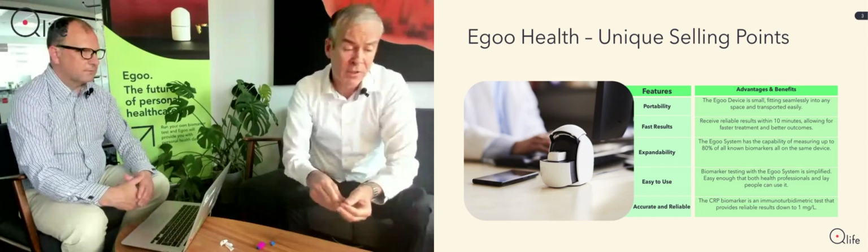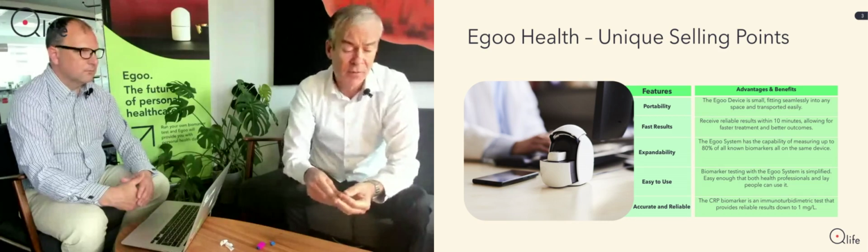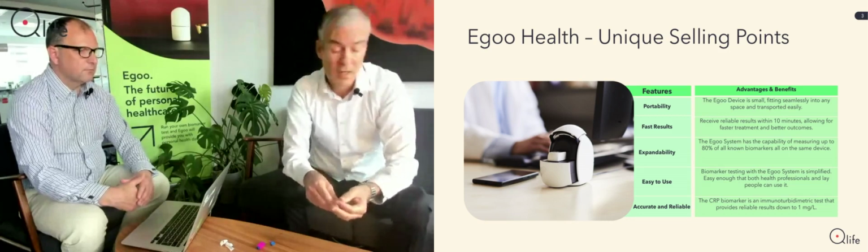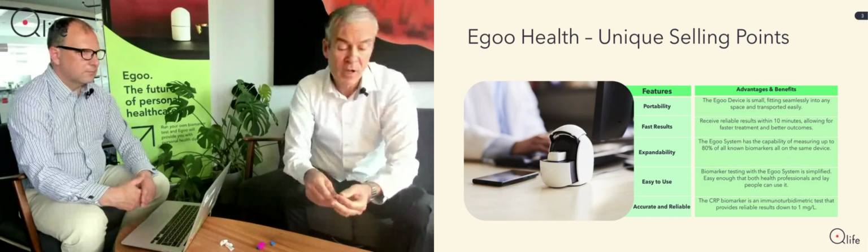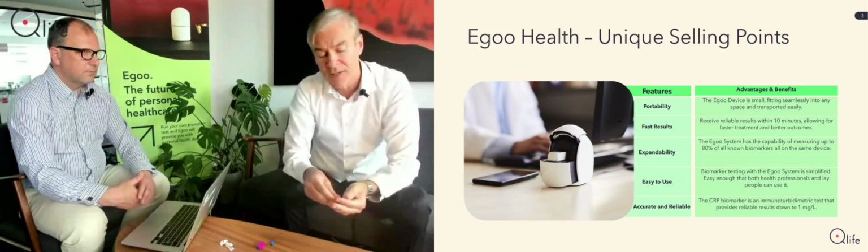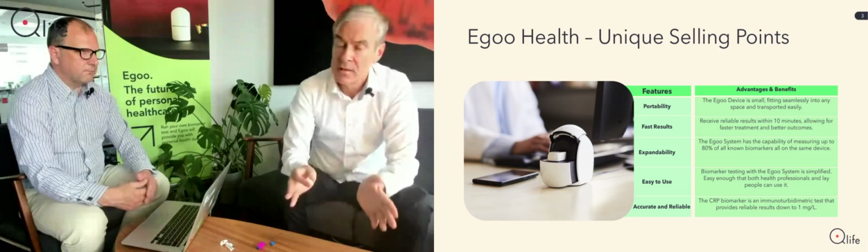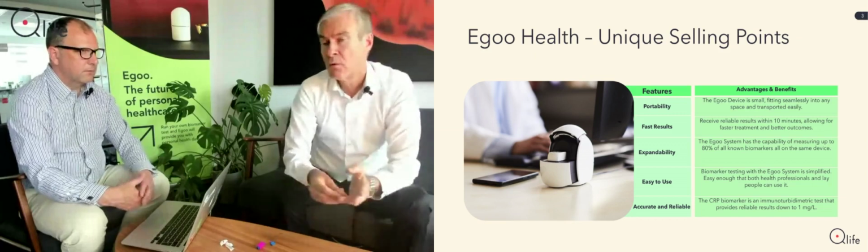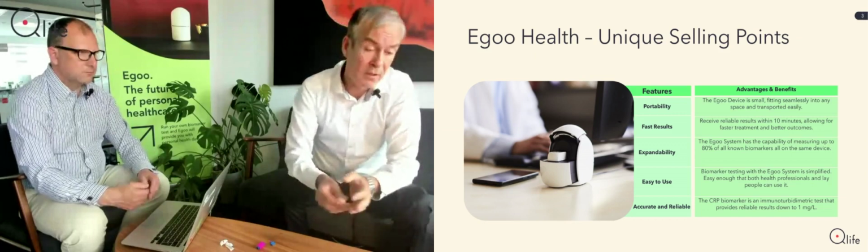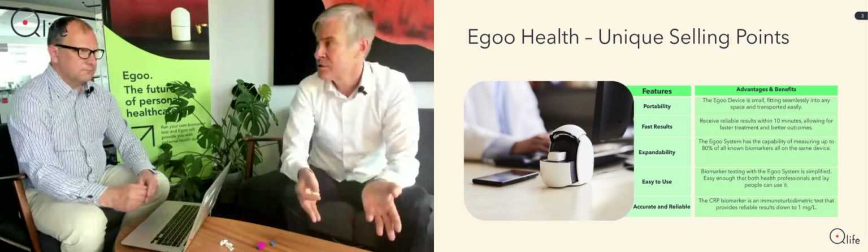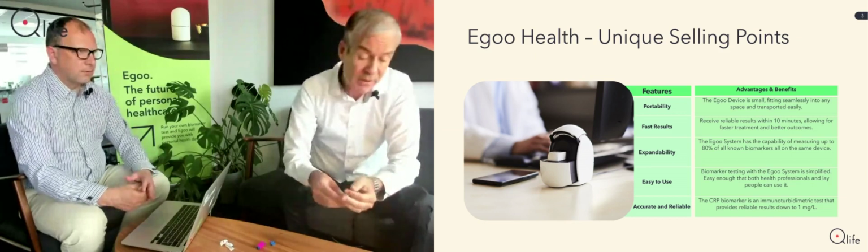It delivers results fast. 10 minutes we think is reasonable for a home test. If you are in the GP office, obviously you would like them faster. We can actually do it faster, but speed is often a trade-off with quality. The systems you see there are not as precise as ours, but they do it faster.